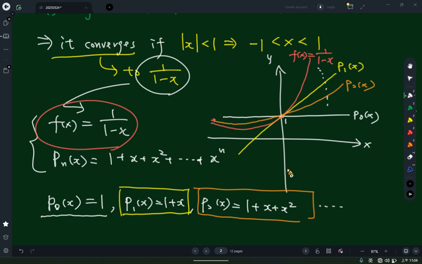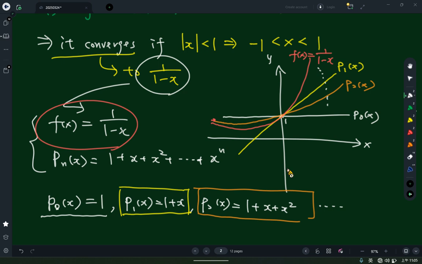So in the past, we already learned a concept. What concept did we learn? Linearization. Do you remember linearization? Linearization will just stop here. It will be 1 plus x, a linear function. But right now we can consider more terms with a higher degree, higher power.